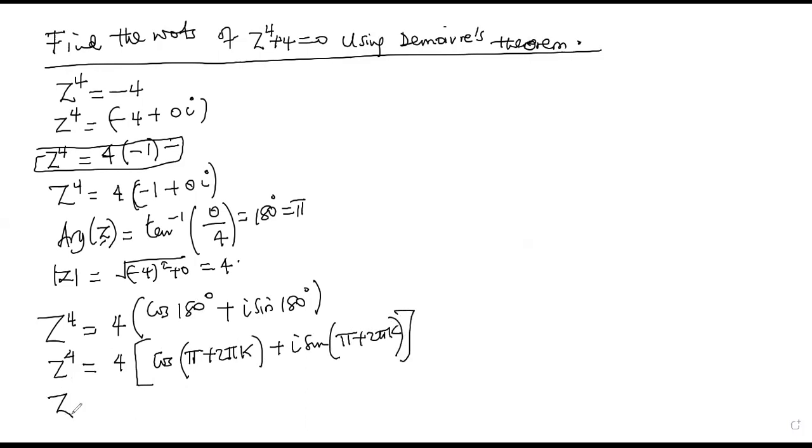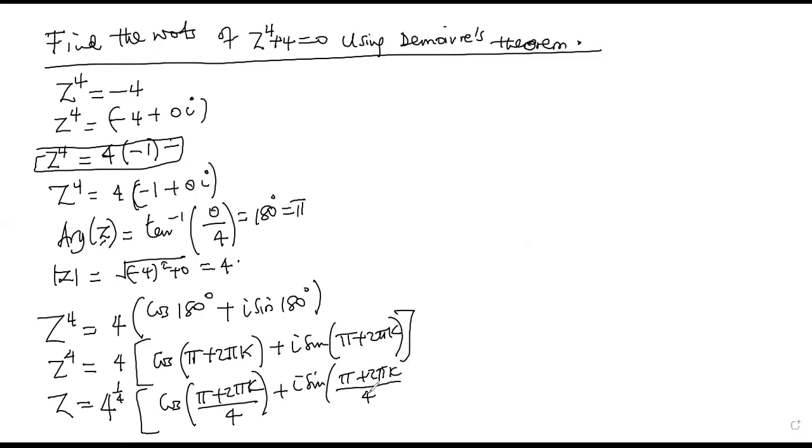Implying that z itself alone will be equal to 4 power a quarter, the fourth root. So the moment you take the fourth root, we shall be dividing by 4. So cos pi plus 2 pi k over 4 plus I sine pi plus 2 pi k over 4.